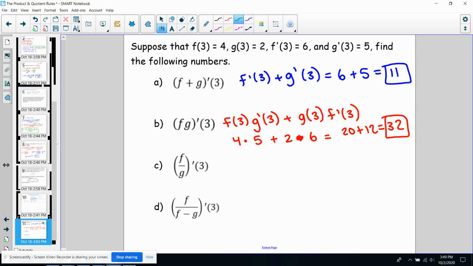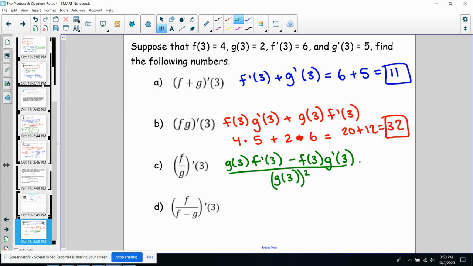Okay, and for c, we're doing division, so it's the quotient rule. So we're going to have the bottom, so g of 3, times the derivative of the top, f prime of 3, minus the top, so f of 3, times the derivative of the bottom, all over the bottom squared, so g of 3 squared.